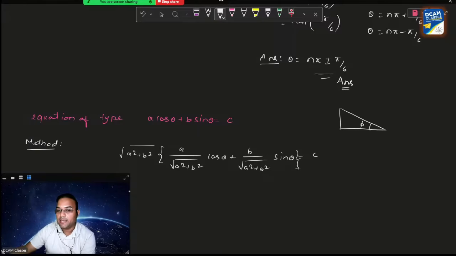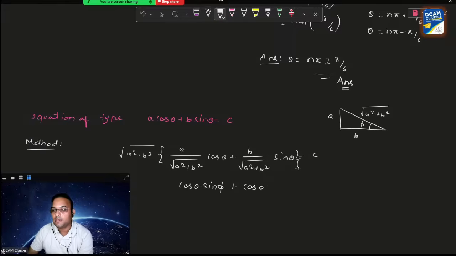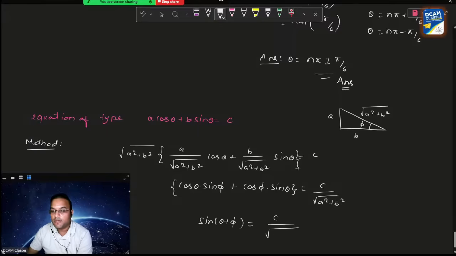If you take it as phi, this is A, this is B. I am taking it like this, so that this part will become cos theta sin phi, and B by root over A square plus B square will become cos phi sin theta. It is equal to C by root over A square plus B square. Now you can write this as sine of theta plus phi equal to C by root over A square plus B square.